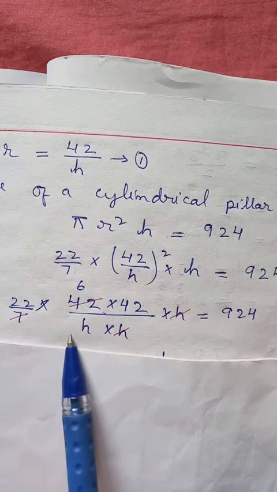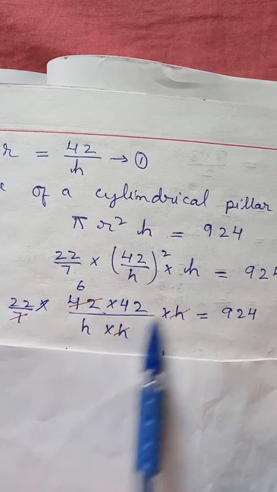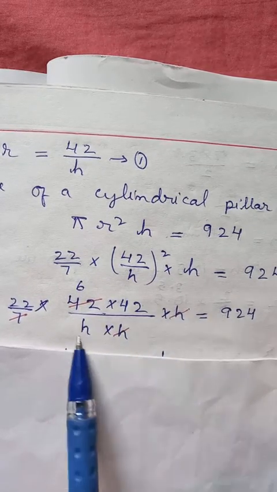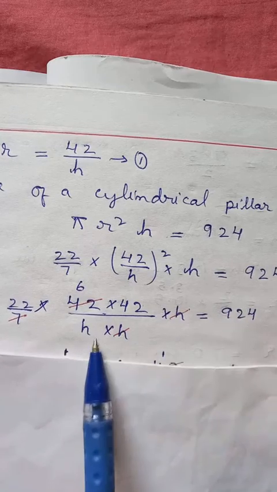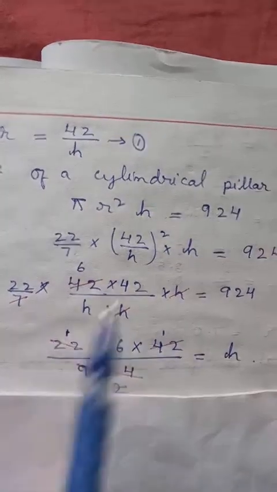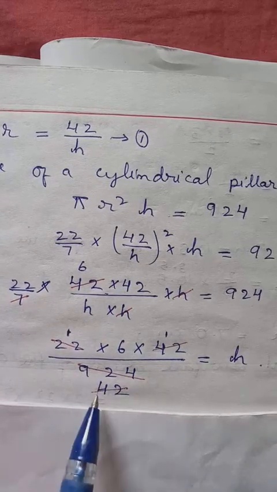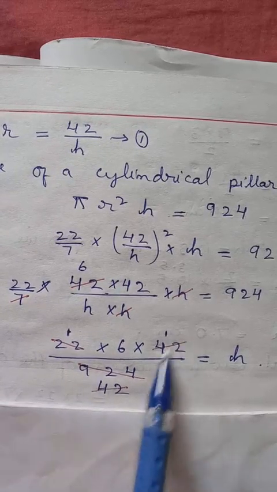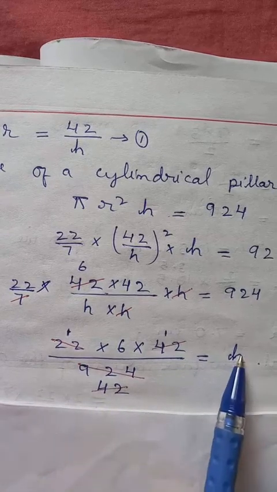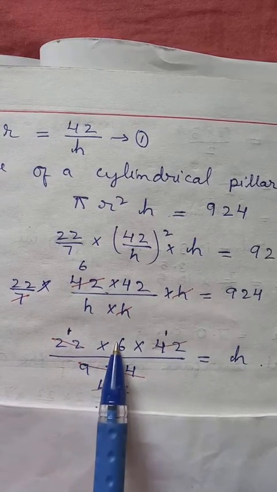Now our aim is to find out h. So let's cross multiply. We bring h up, 924 down. So there we can cancel with 2. 22 divided by 924, we will get 42. Then 42 divided by 42. So now here we have h equal to 6 meter.